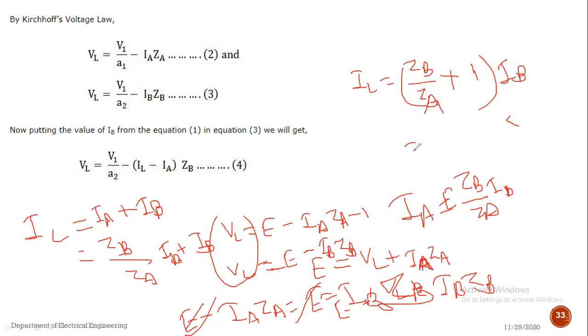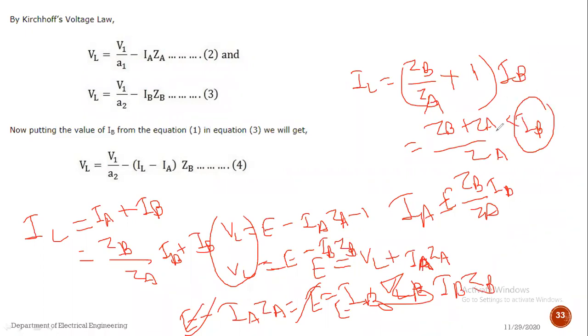It is nothing but ZB plus ZA divided by ZA into IB. Now, how much of the load current is shared by each individual transformer? Suppose IA is the current shared by transformer A and IB is the current shared by transformer B.